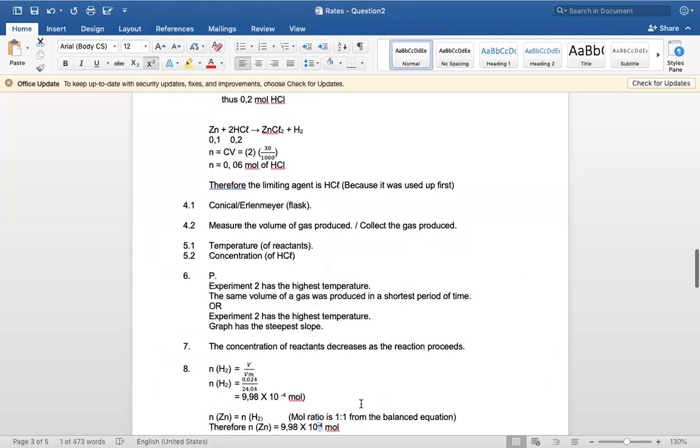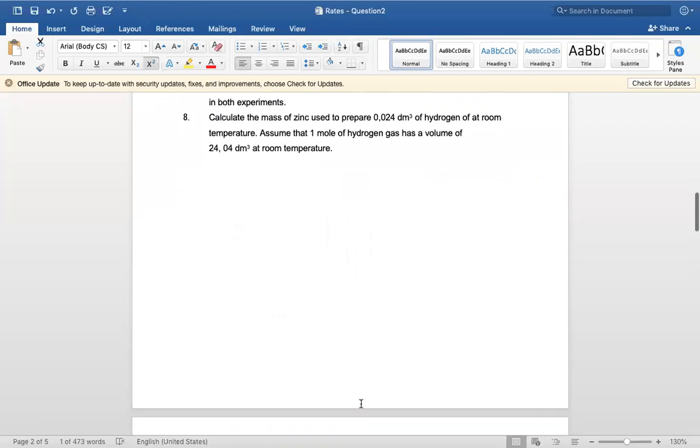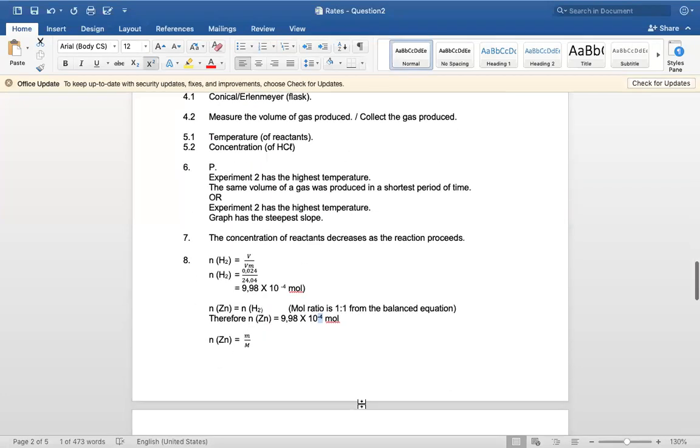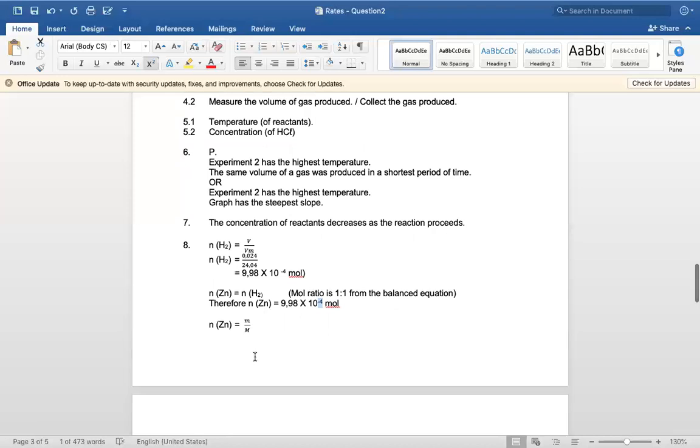Right, and then we can work out the mass of zinc now. Well, what's the question actually? We got a number of moles of zinc. We must calculate the mass of zinc, right? So then we know number of moles of zinc is equal to actual mass over molar mass. So work it out for me.